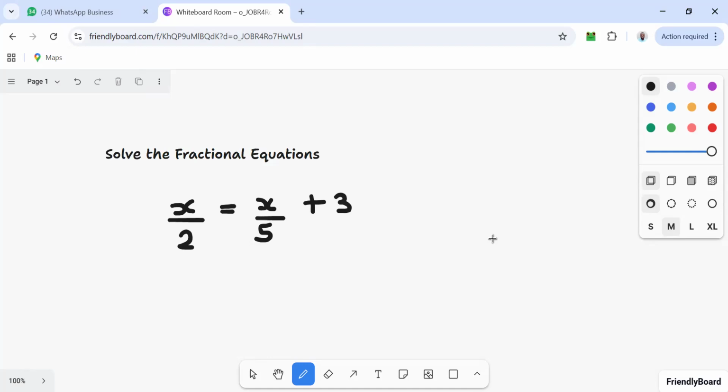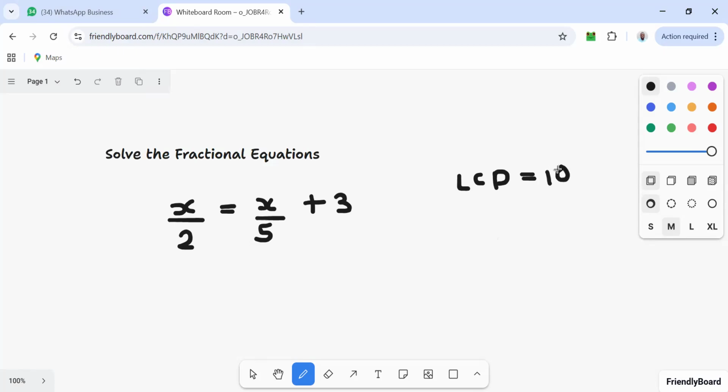So the first thing that we do, like what we did when we were simplifying that algebraic expression with fractions, was to find the LCD. And what was our LCD? Our LCD was 10.